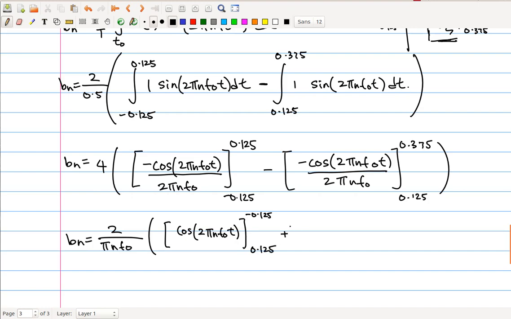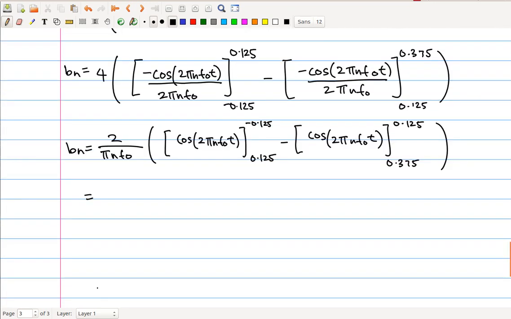Plus, minus. Again, I'm going to flip the limits and factorize out the negative. Okay, so it's going to be negative 0.125, like that, 0.375. 0.125. So I'm flipping the limits, I'm getting rid of this negative sign. Okay, so still we go upper limit minus a lower limit.